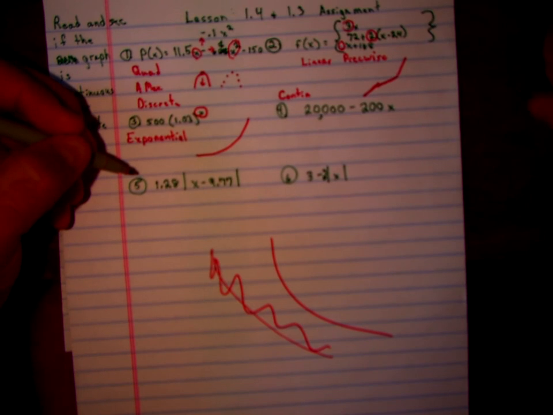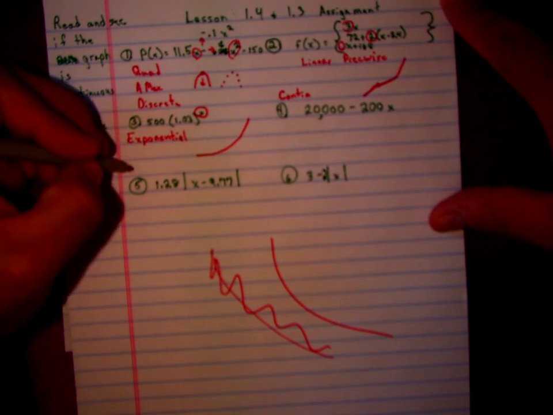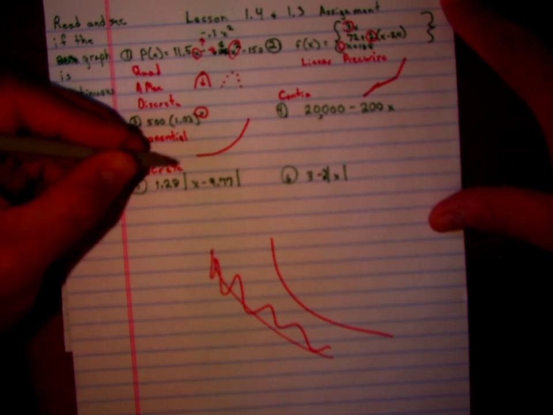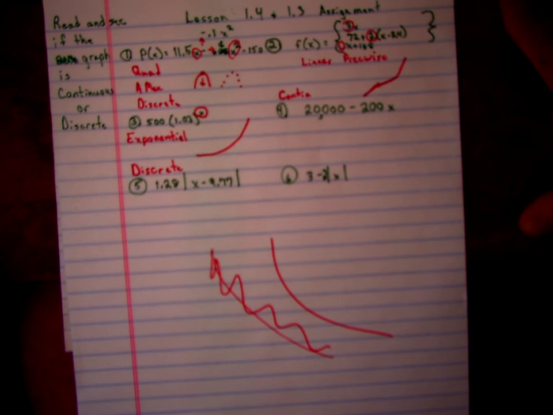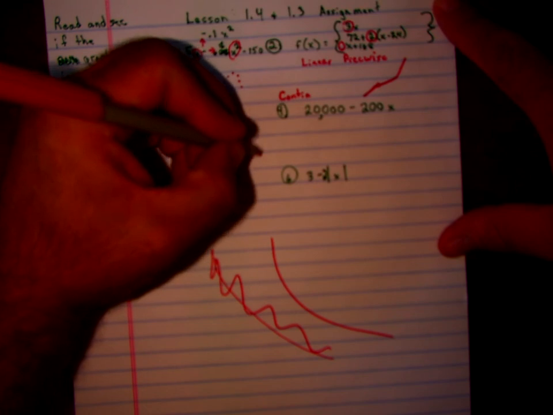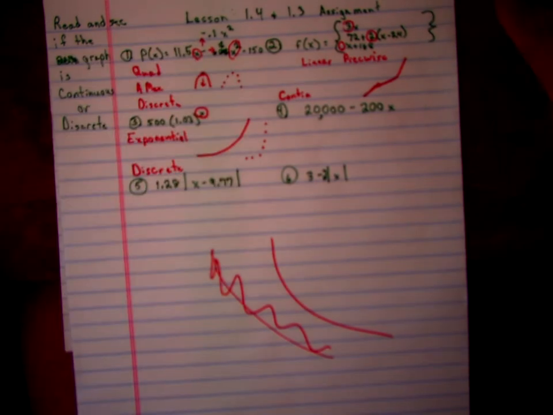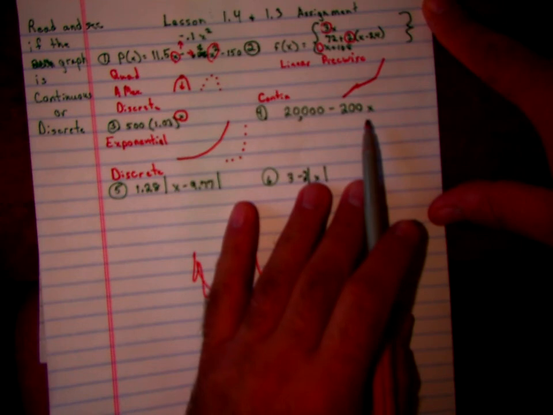But if they're paying yearly interest, that means they only pay it at the end of the year. So if you leave early, you don't get the interest. So that's why it's discrete. It's only every year. Okay? So this one would actually look with dots.